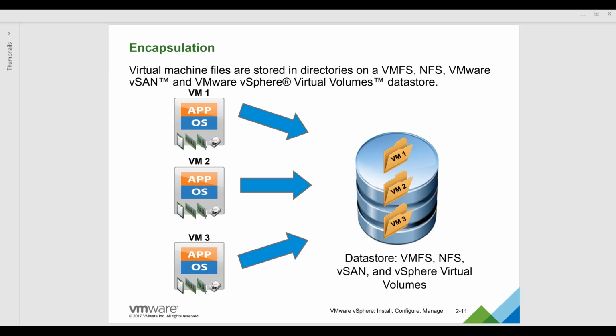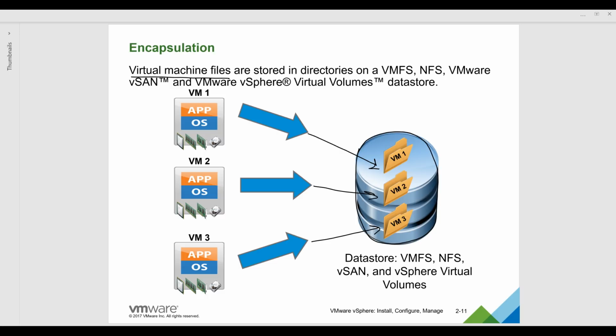Encapsulation. Virtual machine files are stored in directories on the VMFS, NFS data store, VMware vSAN, and virtual volumes across the data store. Okay? So we have virtual machine files. Now, as you notice, we have our shared storage pool, once again, here. We have VM1, which has its own storage file, VM2, and VM3.